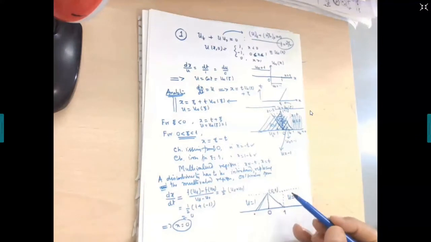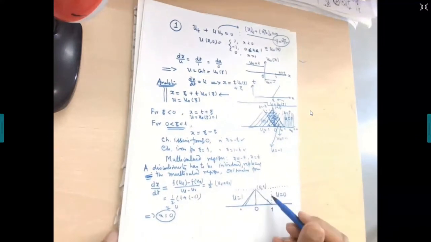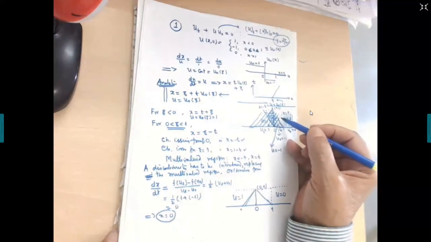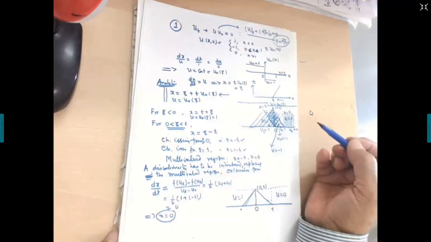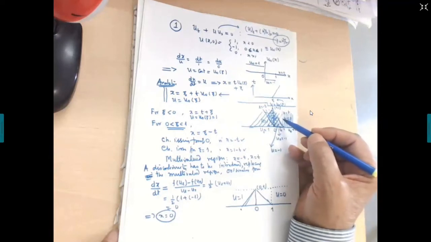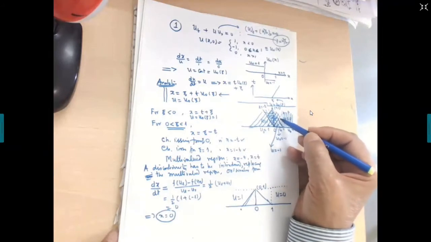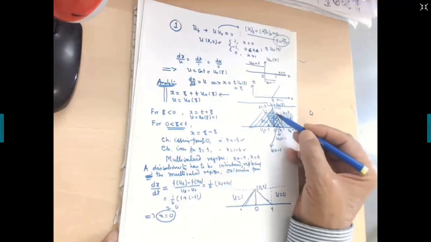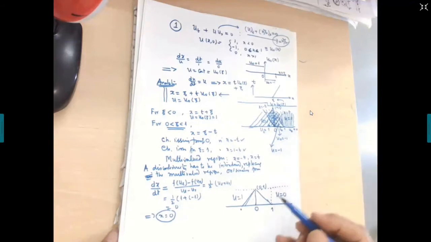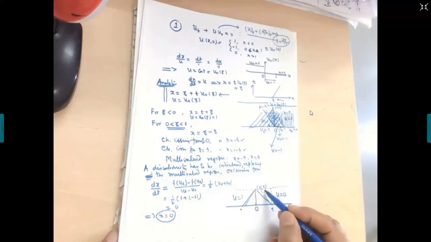What happens in this interval, by the way? This is the gap. In the gap, what is to be done? You have to fill it with characteristics. These are the characteristics that start emerging from 1. This is a fan, a rarefaction fan.